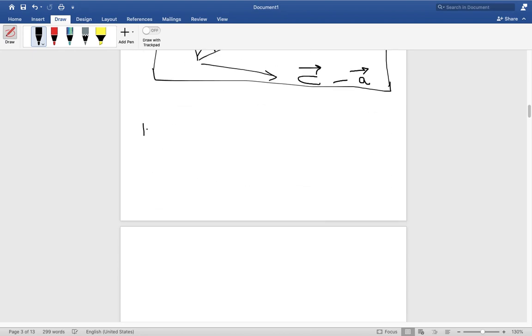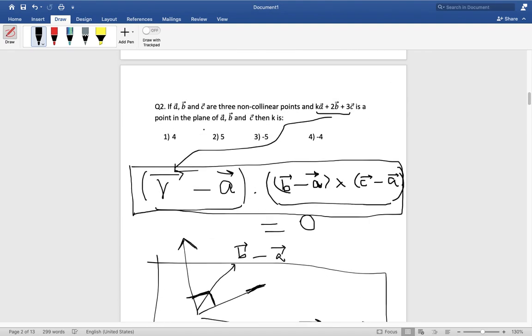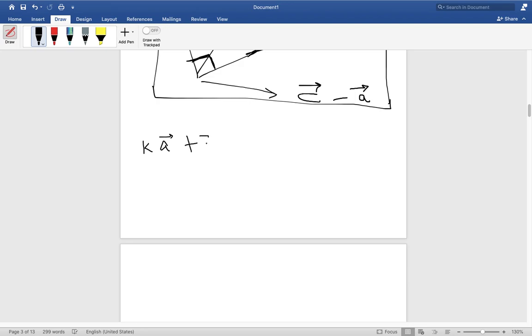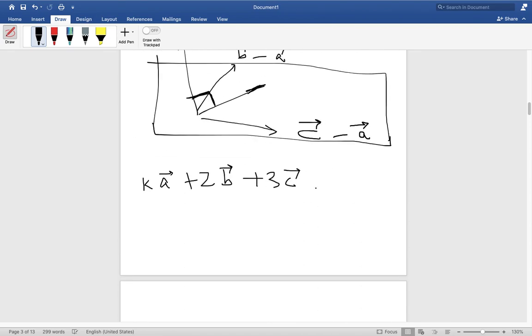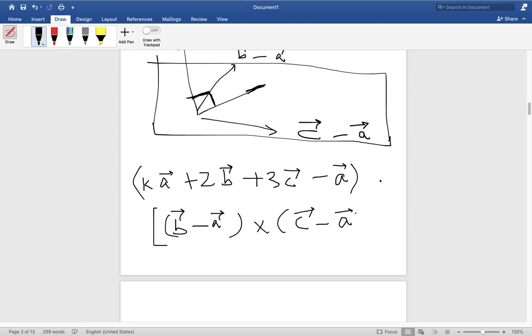You will get (Ka plus 2b plus 3c minus a) dot (b minus a) cross (c minus a) is equal to 0.